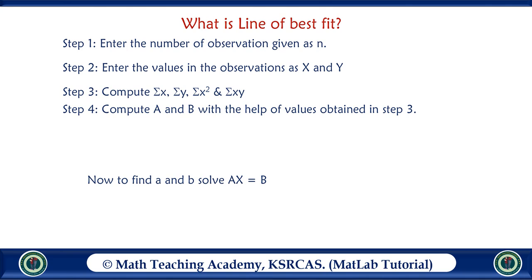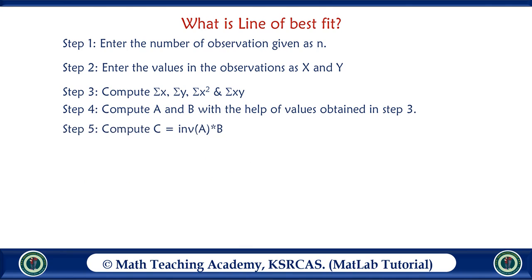Now to find small a and small b, solve AX equal to B. Step 5, so compute C is equal to inv of A star B. This is the solution of the simultaneous linear equations with the help of MATLAB. So this is the command. You have to solve the system of linear equations with the help of MATLAB.